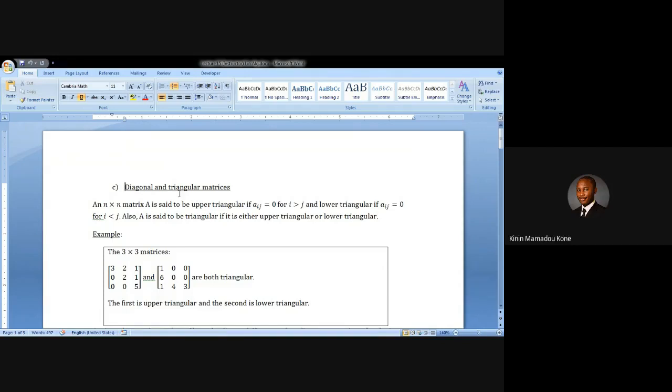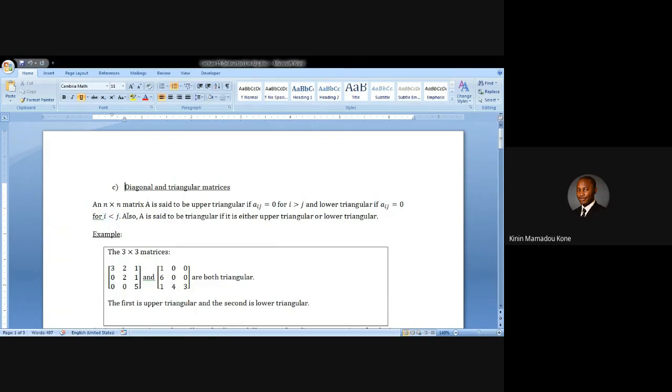So, diagonal and triangular matrices. An n by n matrix A is said to be upper triangular if a_ij equals 0 when i is greater than j, and lower triangular if the a_ij entries are all equal to 0 when i is less than j.